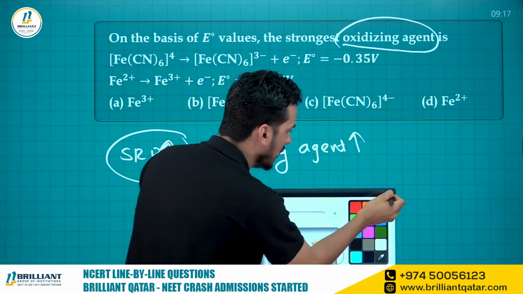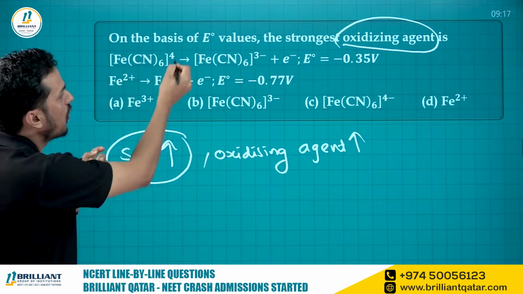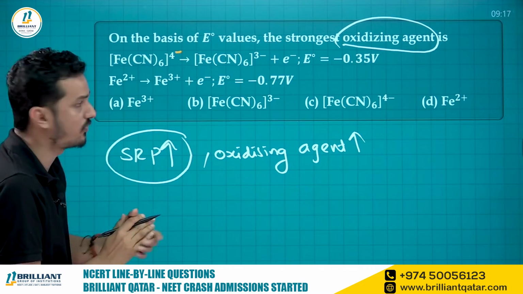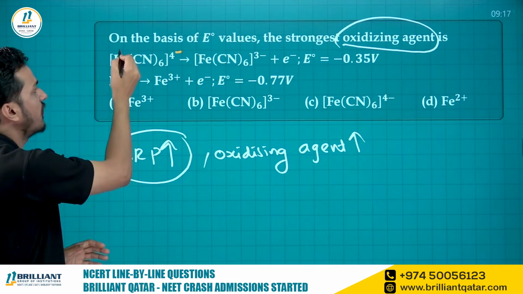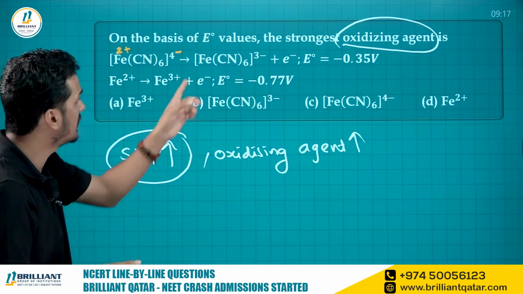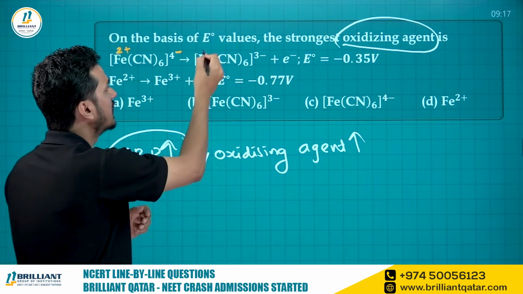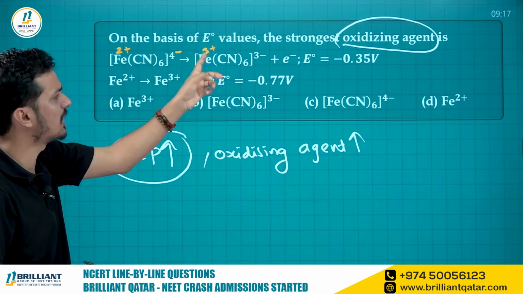Look at the question carefully. Fe(CN)6 4 minus becomes Fe(CN)6 3 minus. Here the oxidation state of iron is 2 plus, and here the oxidation state of iron is 3 plus. So 2 plus becomes 3 plus.